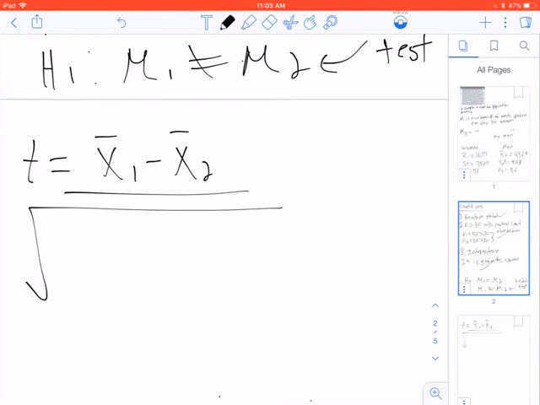Remember, I don't know the standard deviation of either one of these individual distributions for men and for women. So I need to take the sample standard deviation from the women divided by the women's sample size plus the sample standard deviation from the men divided by the men's sample size.